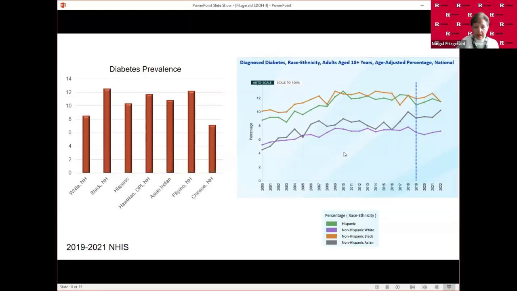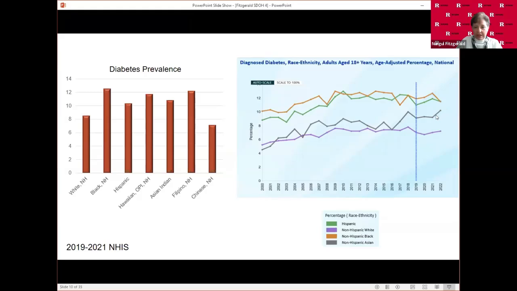On the right-hand side, I'm showing what it looks like over time. Did this happen just recently in terms of the racial disparities in diabetes, or has it been going on for quite some time? As you can see, it's been going on for decades.